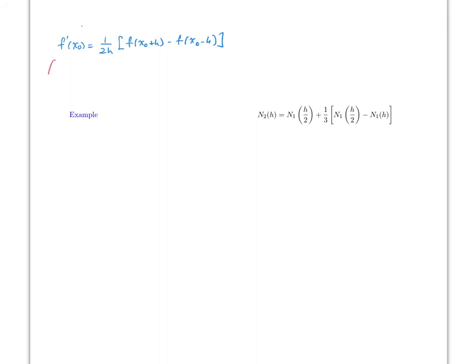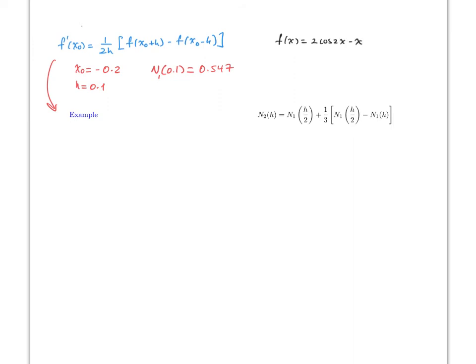For the example we're going to do right now, x0 is equal to minus 0.2. The value for h is 0.1. And we already know that N1 of 0.1 was equal to 0.547. And don't forget that the function we are using is 2 cosine 2x minus x.